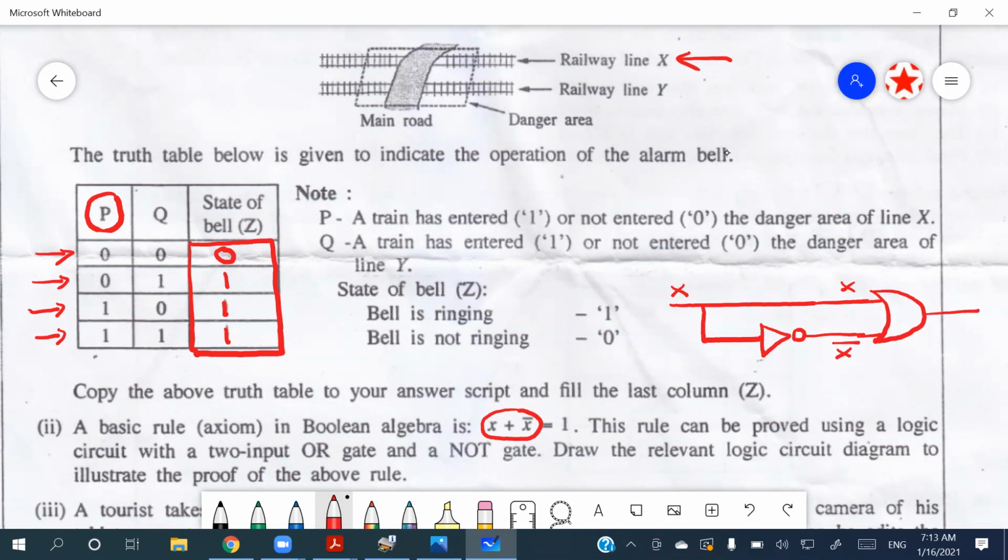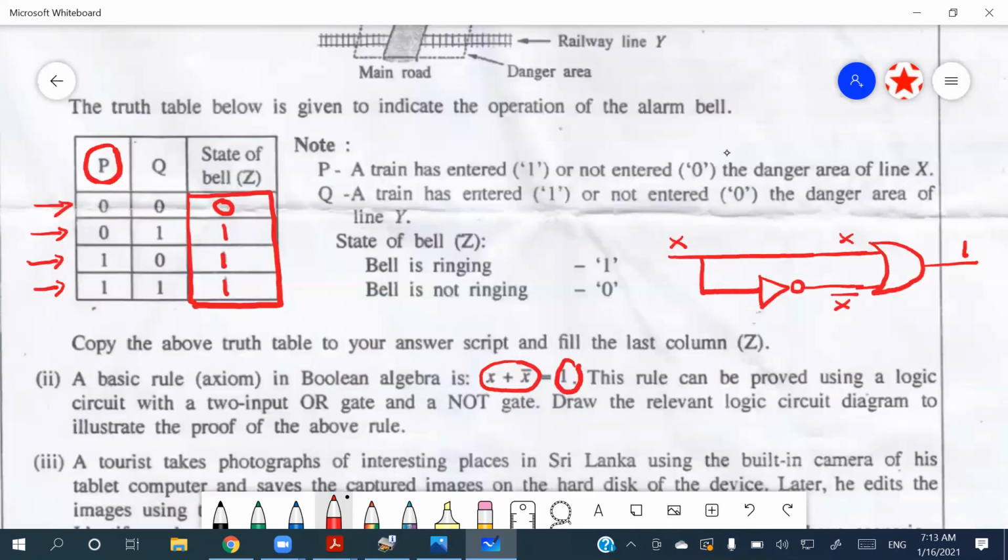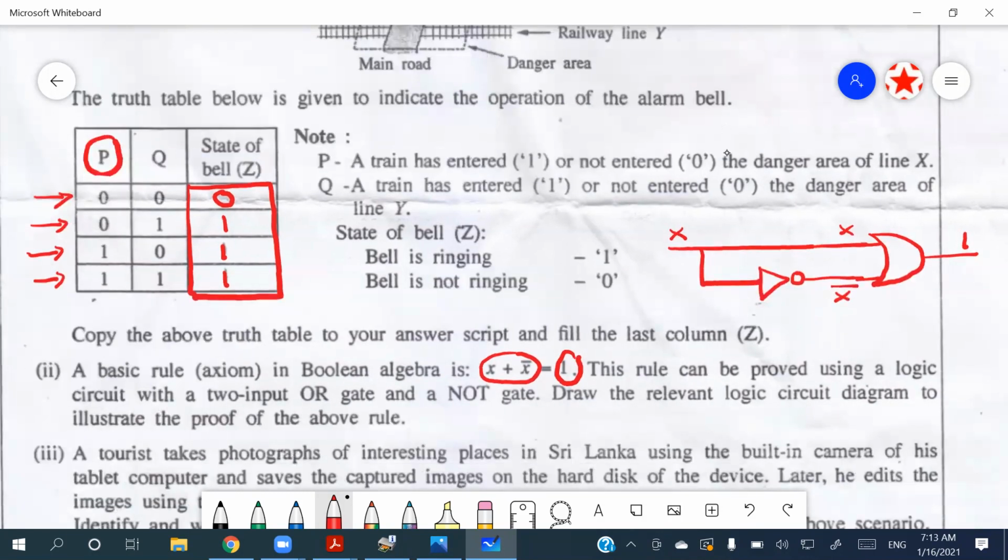So this is going to be your circuit, right? You don't really need to mark what is X and what is X bar. The output should be 1 because it says it equals 1.